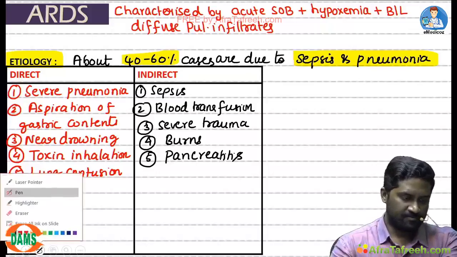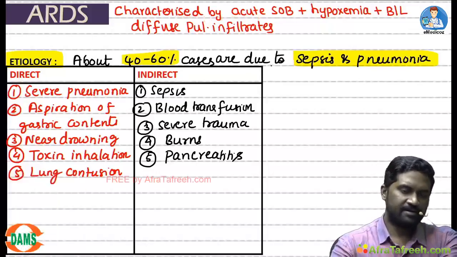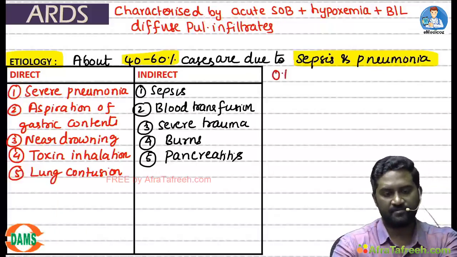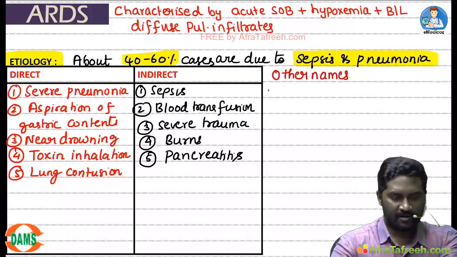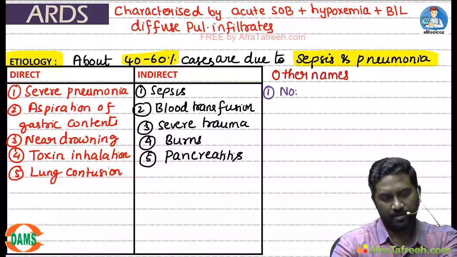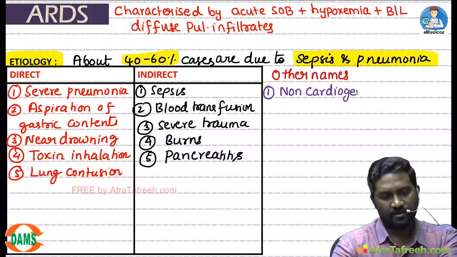Based on the pathophysiology, ARDS has some special names. What are the other names of ARDS? It is frequently called non-cardiogenic pulmonary edema.